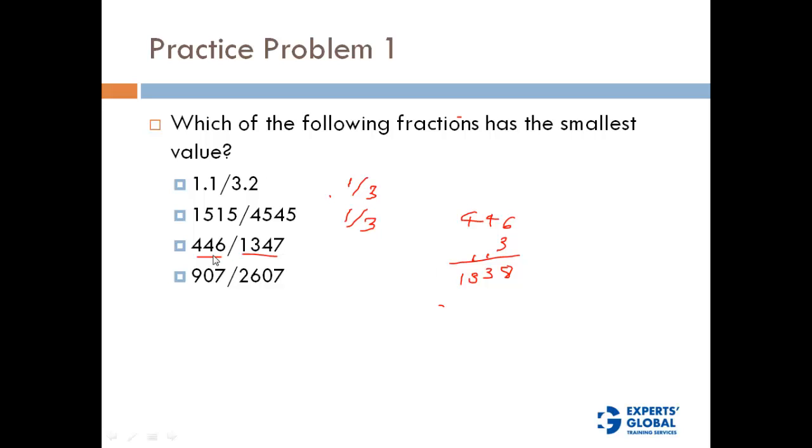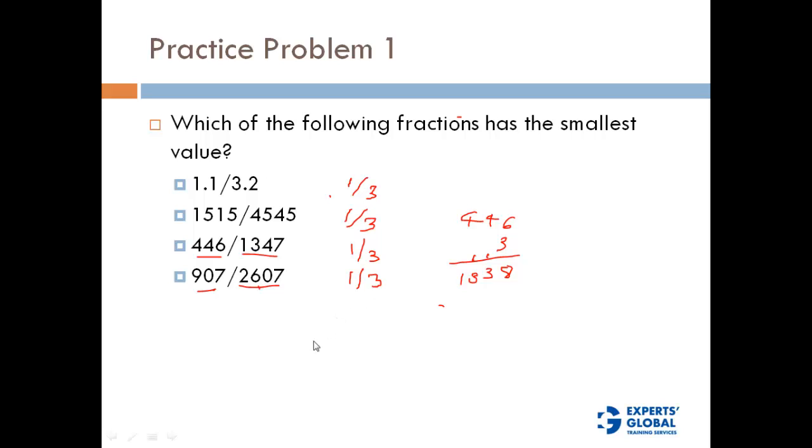So 3 times 446 is 1338, and this number 1347 is close to 1338. So this is also close to 1 by 3. And this 900 is close to 900, and this is close to 2700. Not very close, but it is close. So this is also close to 1 by 3.